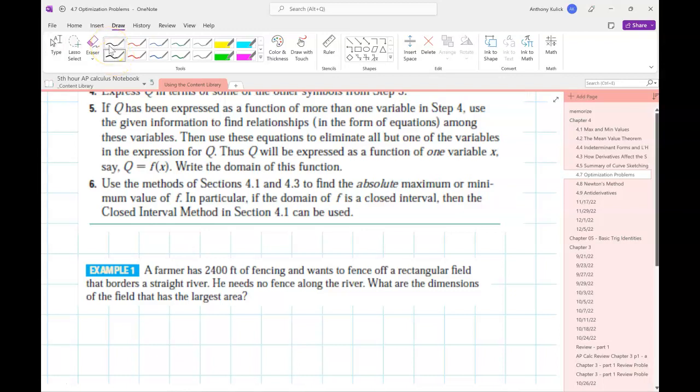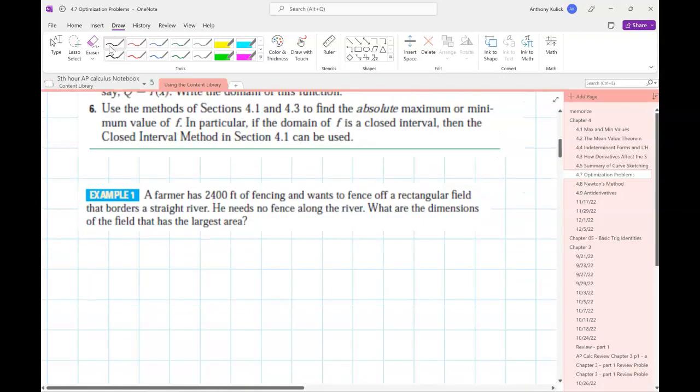All right, so a farmer has 2,400 feet of fencing and wants to fence off a rectangular field that borders a straight river. He needs no fencing along the river. What are the dimensions of the field that has the largest area? Does everybody understand kind of what's going on?